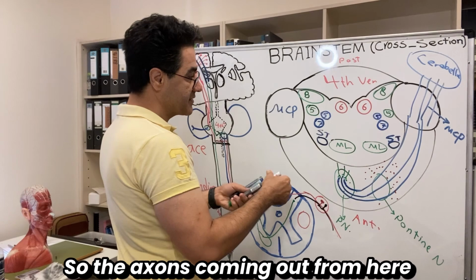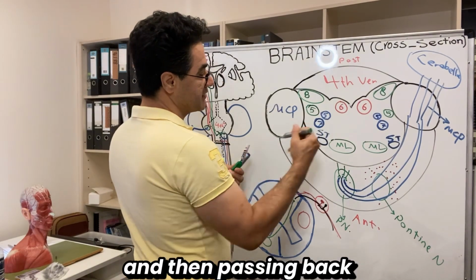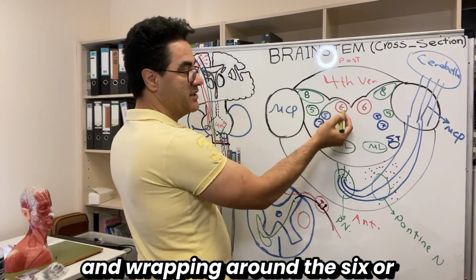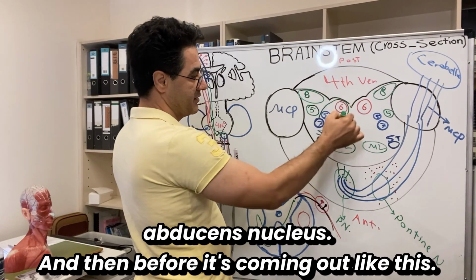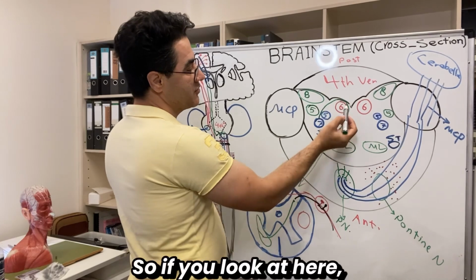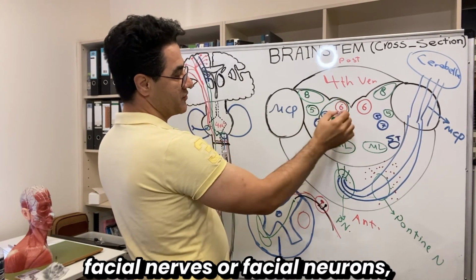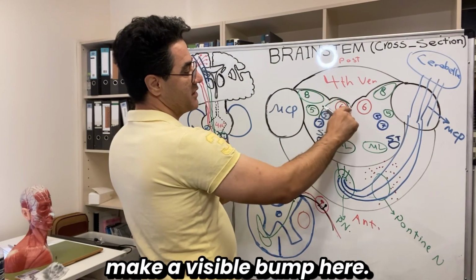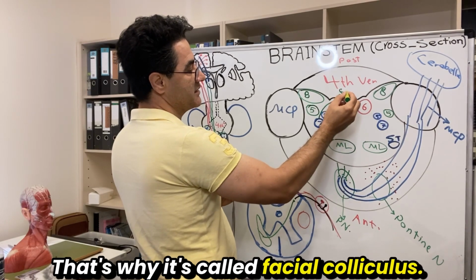So the axons coming out from here then pass back and wrap around the 6 or abducens nucleus, and then come out like this. So if you look here, facial neurons are wrapping around the abducens nucleus and make a visible bump here. That's why it's called facial colliculus.